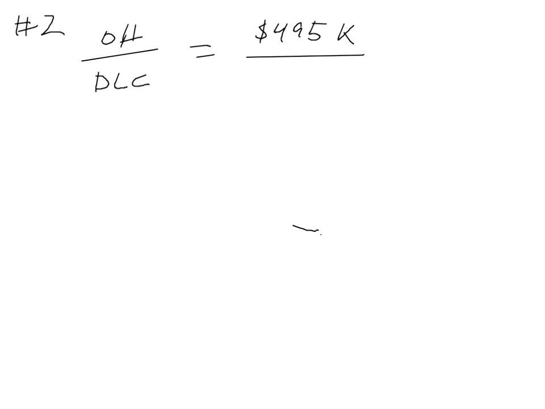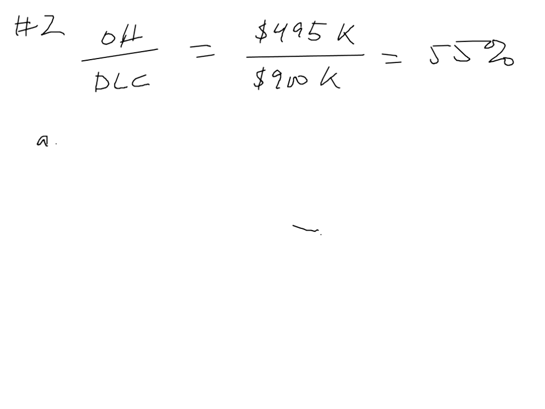If they estimate that our overhead is going to be $495,000 and they're basing it on direct labor cost, that's $495,000 overhead divided by $900,000 direct labor cost. That gives us a 55% rate. So whatever actual direct labor cost we have, we're going to multiply that by 55%.